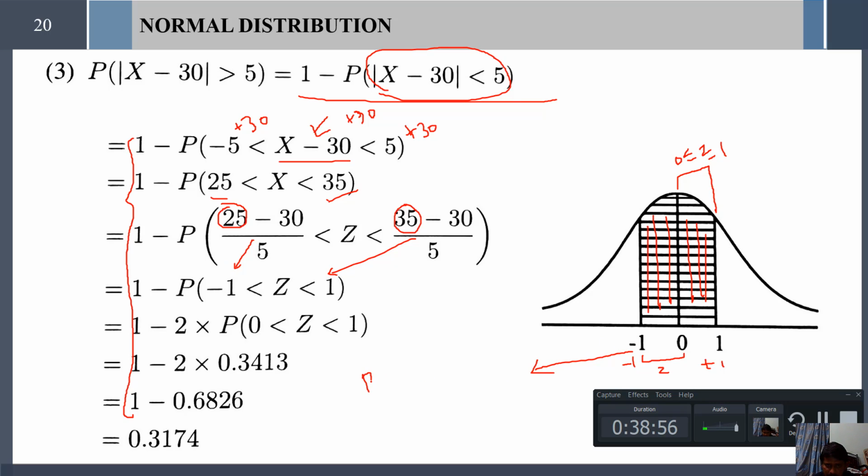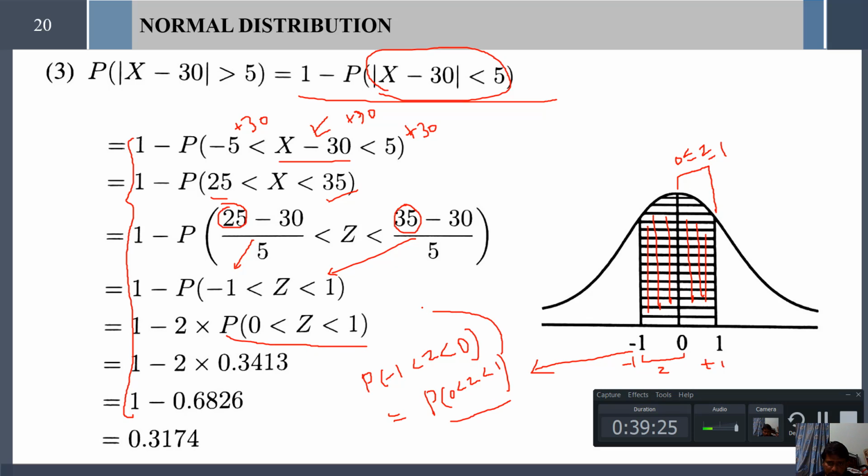By using the symmetry property, probability of minus 1 less than z less than 0 can be written as probability of 0 less than z less than 1. Already we have probability of 0 less than z less than 1.